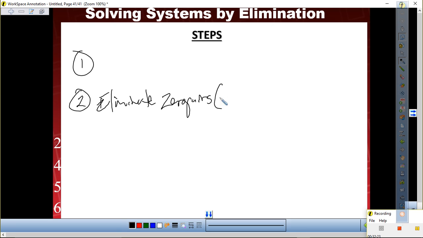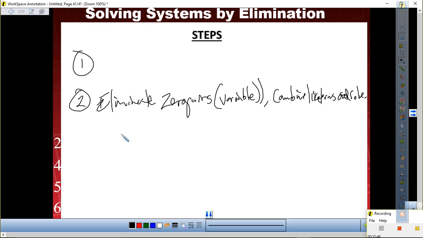In parentheses, just write variable, because we're eliminating a variable, right? Comma. What else did we do in step 2? Once we eliminated, we combined like terms, yes? Combine like terms and solve. And solve, okay?